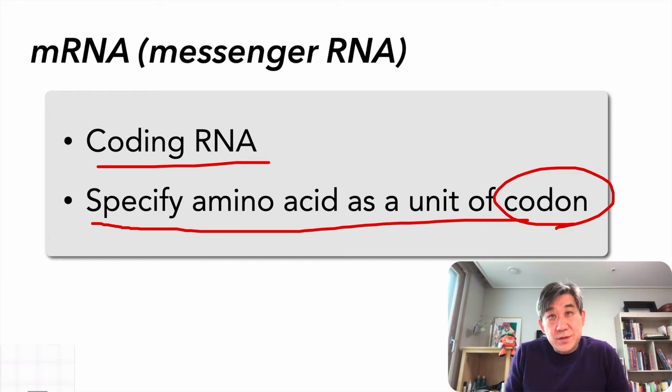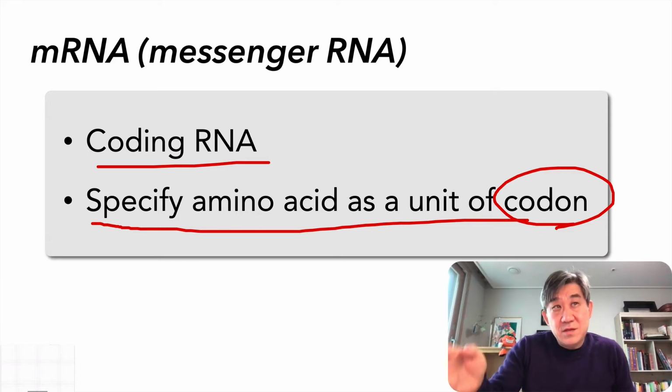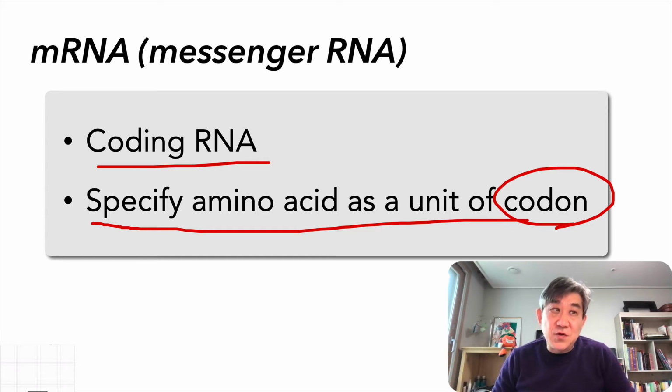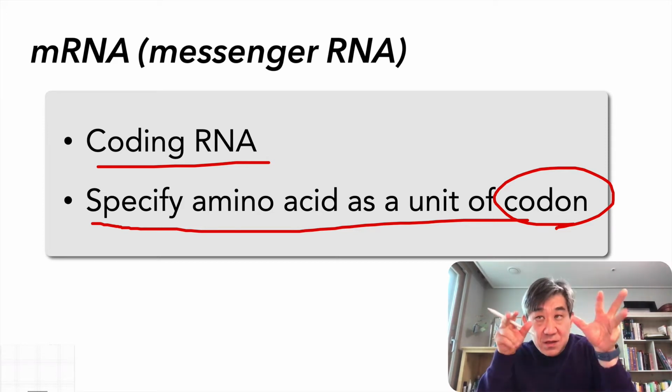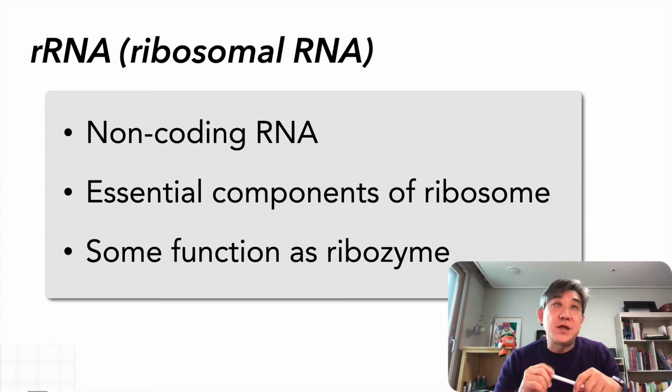When it designates a specific amino acid, it does so in a specific group, and the unit of the group is 3 nucleotides, and such 3 nucleotides we define as a codon. So that's messenger RNA.